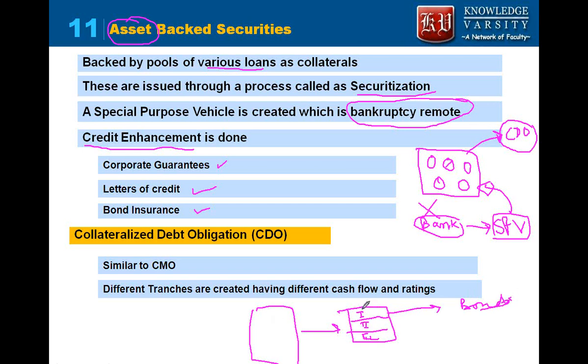These different tranches have different cash flows, because tranche 1 will receive the principal payment first, so it will be paid off first. As a result, they will have different credit ratings. This is very much similar to the CMO that we saw.